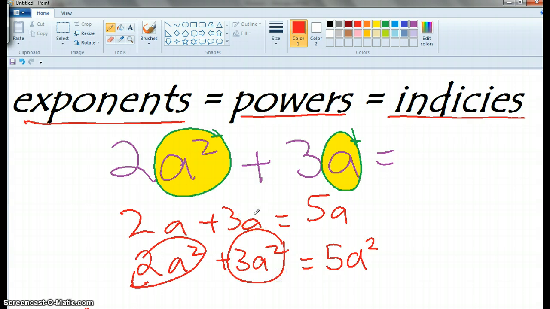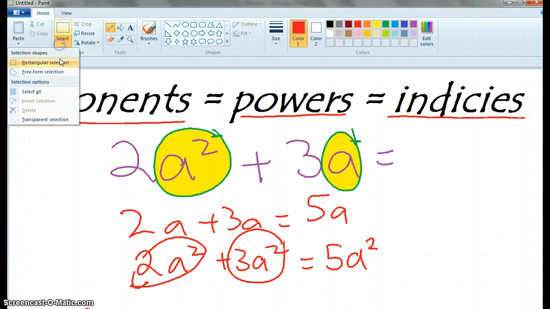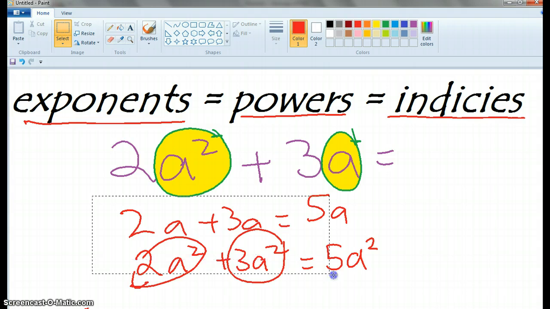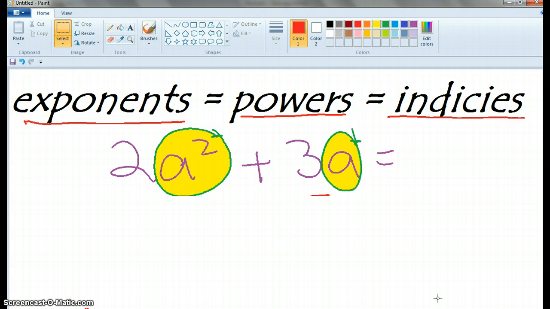So we've got 5 lots of a squared. Okay? Hands up if you're alright? Yeah. So this is where it gets really tricky, because what did we decide about that one here? They're not like terms, so we can't add them.